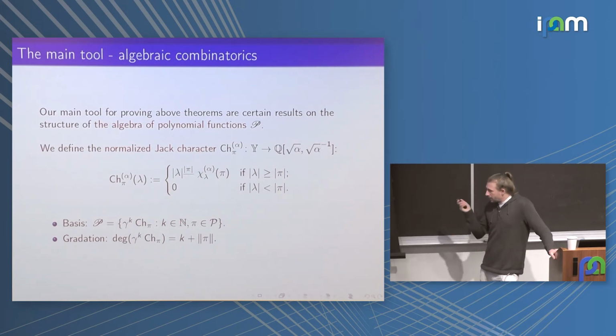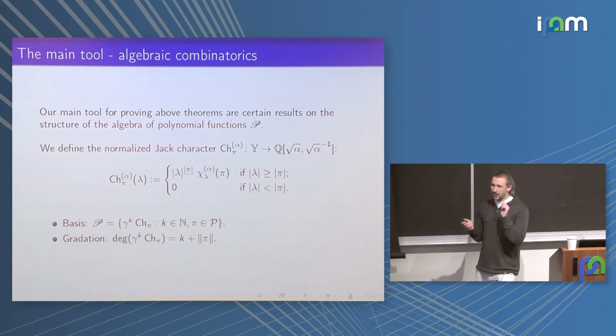And they had this very nice idea of looking at characters in a dual way than typically. Typically, you fix your representation, and you treat the character as a function on the group. But you can basically switch the roles of representation and element from the group.